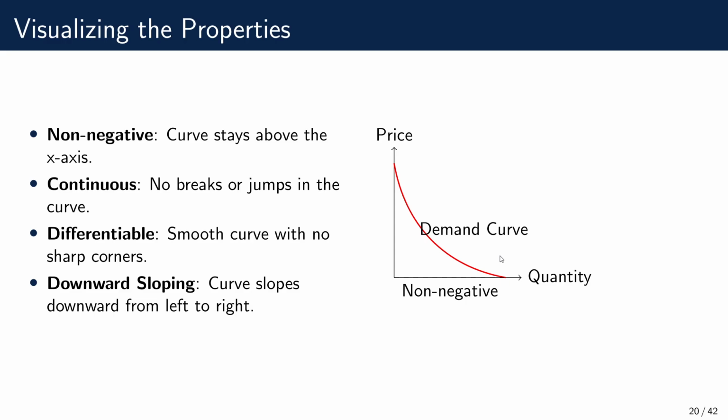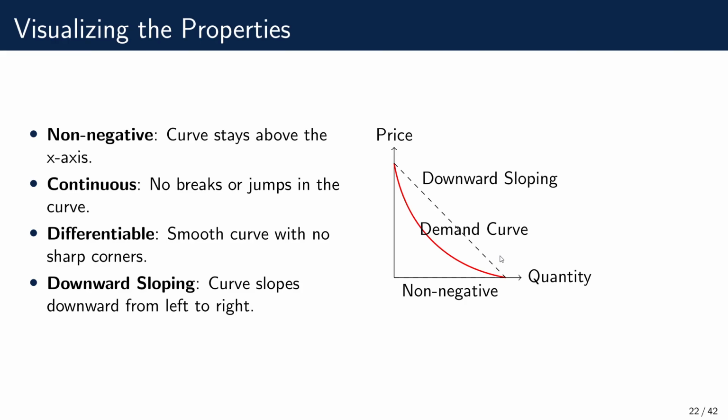It is also continuous because there is no break or jump. It is differentiable at each point because there is always a slope at every point. And the slope is downward sloping; from left to right, we can see a downward trend.